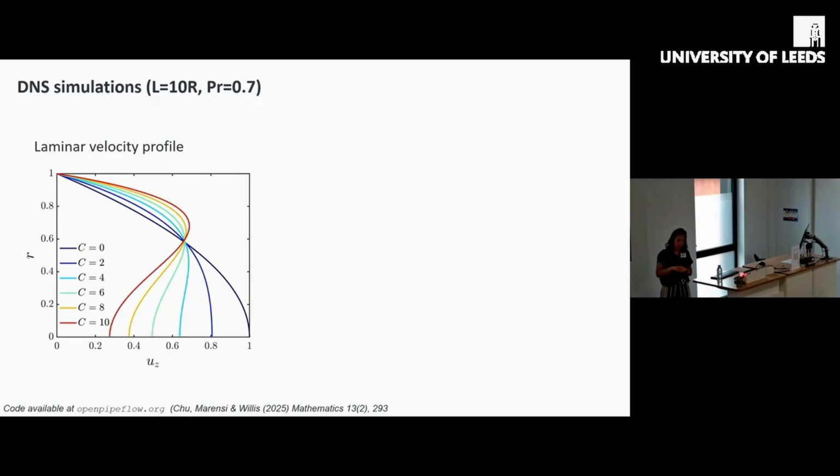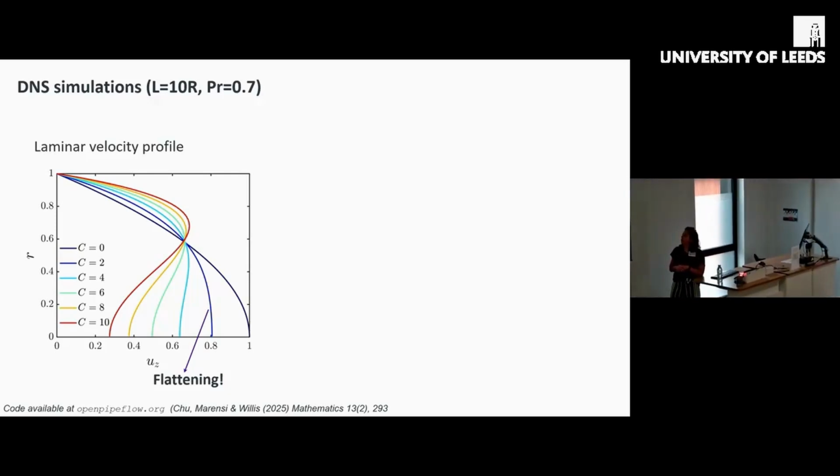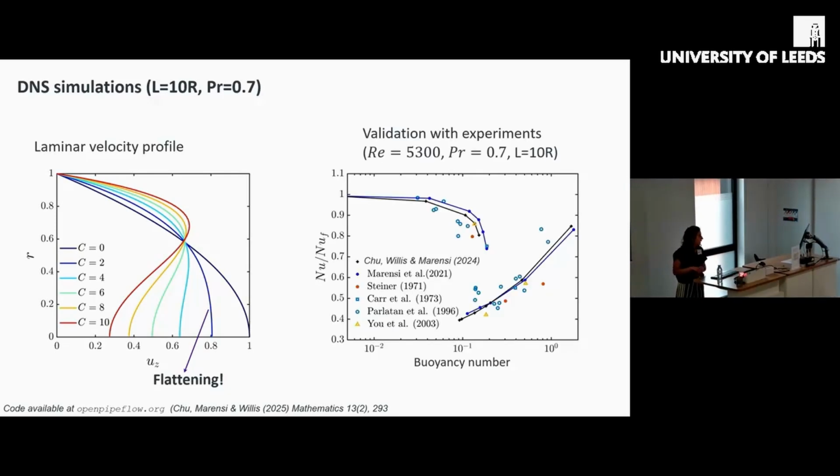So first, if we look at the laminar profiles, we see that as we increase C, this buoyancy parameter, the laminar profile becomes flattened, and then as we increase it further, we start to have this M-shape profile, which, as we will see later, can undergo a linear instability. And we also validated our model with experiments.